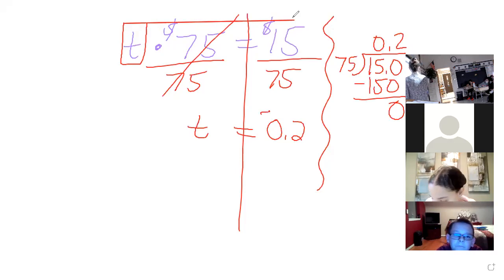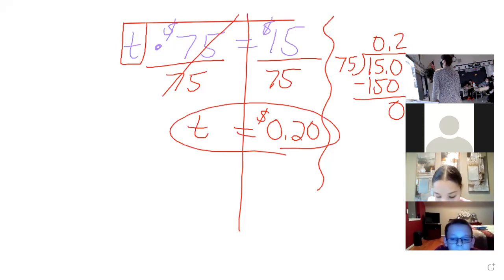And it was related to money. So we should put it in terms of cents and put an extra placeholder 0 there, just so it looks like that format, right? So it looks like if I multiply 20 cents times $75, I would get $15, right?